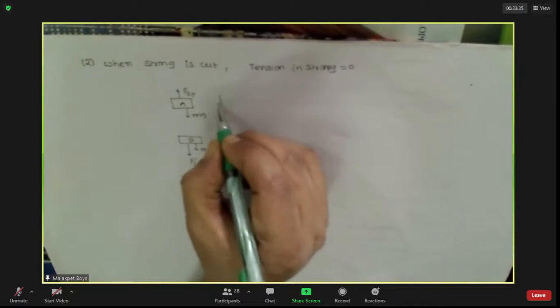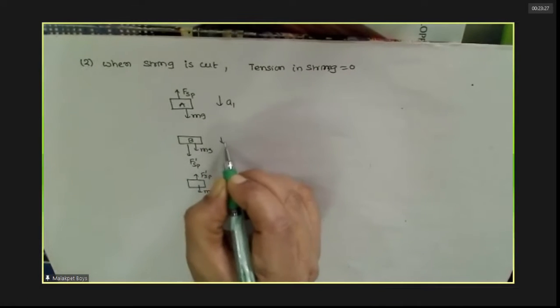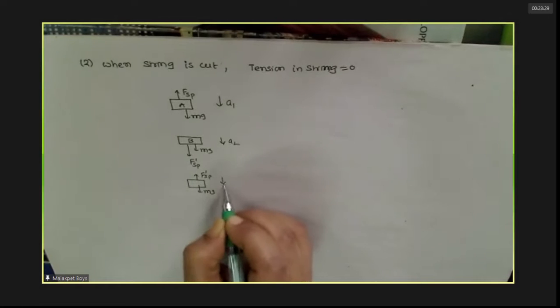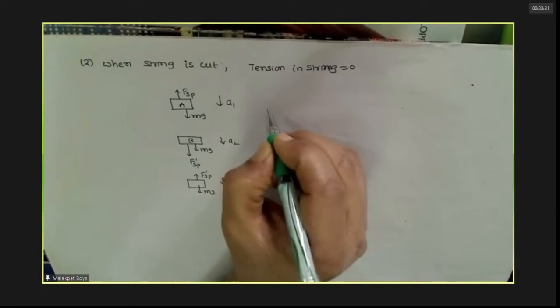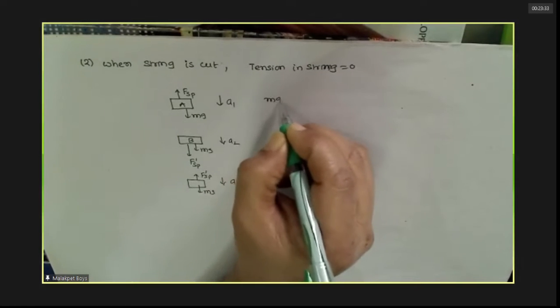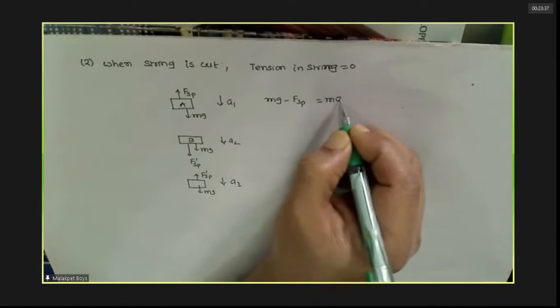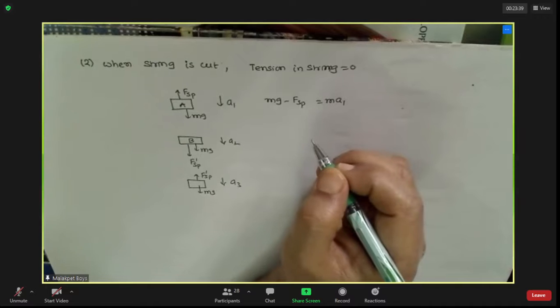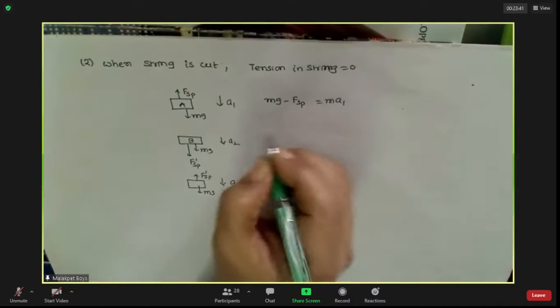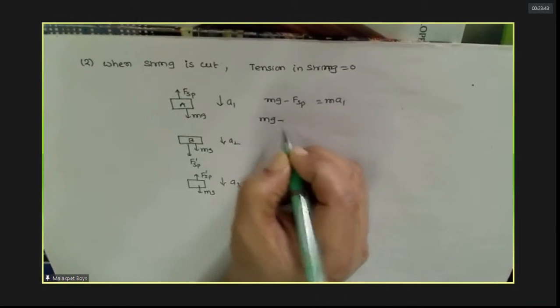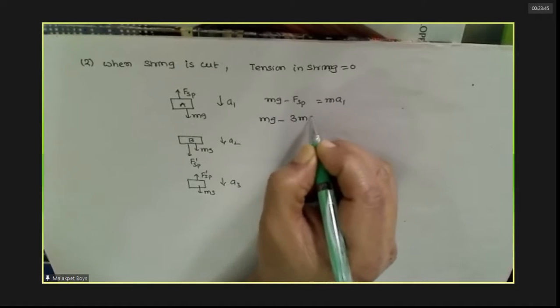So here, if you take the accelerations as a1, a2, a3, here what you have is mg minus fsp equals ma1. What is the spring force? It won't change, no? Spring force, if you check what it is, it's 3 mg.